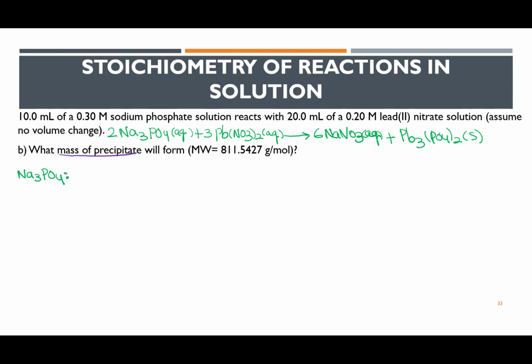I'm going to convert the concentration. Then we have 0.30 mole per liter times, as you can see, the volume is in milliliter, so I have to convert it to liter.